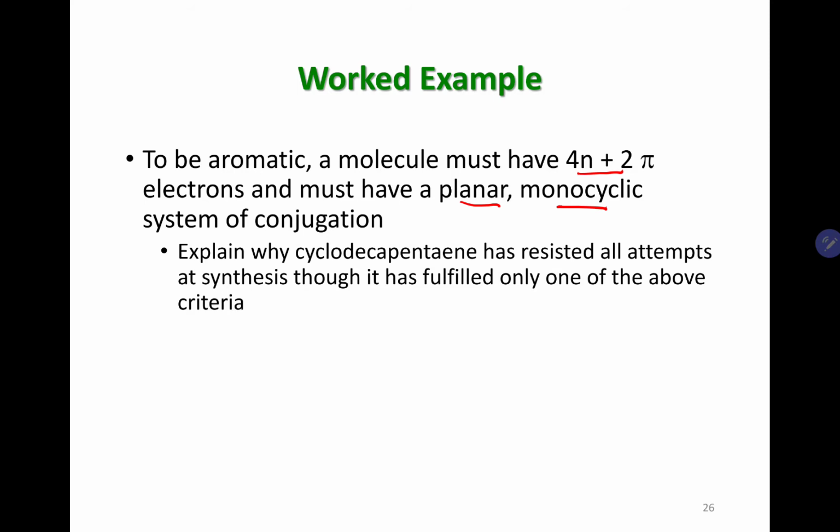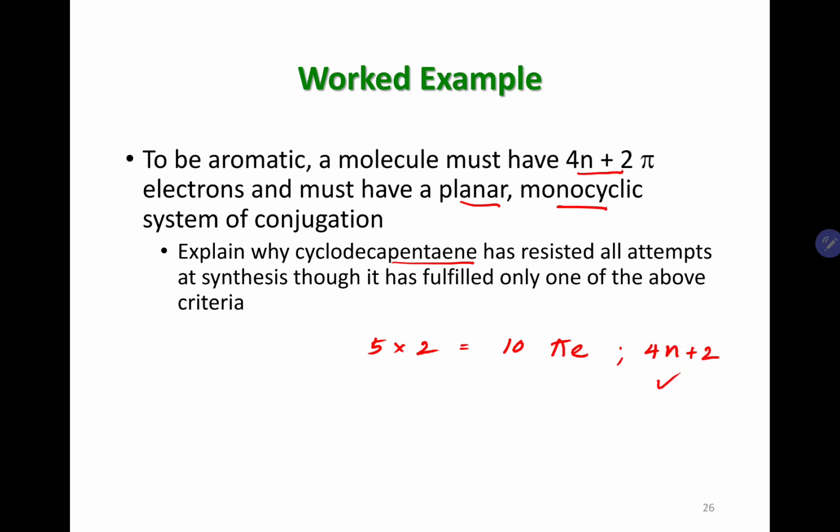cyclodecapentaene has resisted all attempts at synthesizing this molecule. When you take a look at cyclodecapentaene, as the name implies, it has 5 double bonds. Pentaene means 5 double bonds, so multiplied by 2, you have 10 pi electrons. That is a solution for 4n plus 2, so this checklist is good.